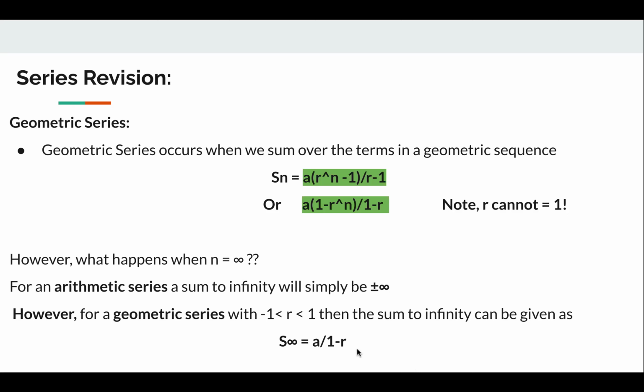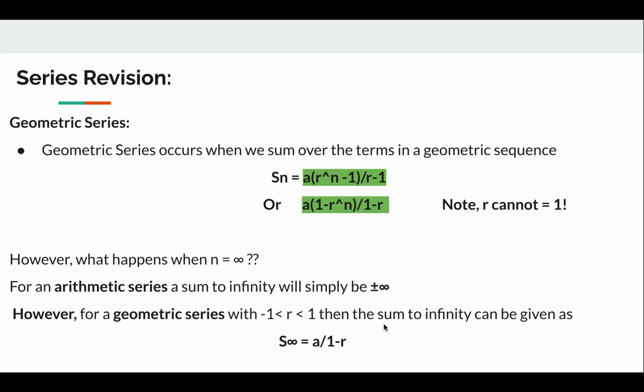So when we add the geometric series of this infinite number of terms where the ratio is between minus 1 and 1, we find that the numbers as we go to infinity keep on getting smaller and smaller, eventually until it's so small it's 0. And we can add those numbers until we get to the terms that are so small they equal 0.